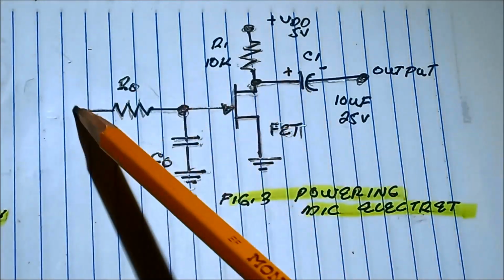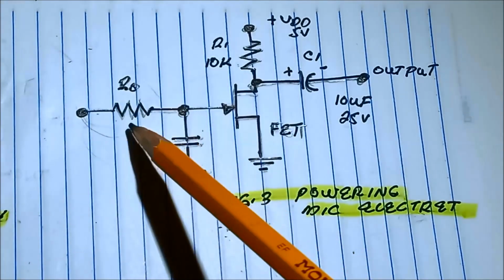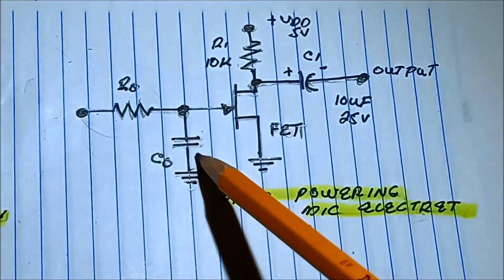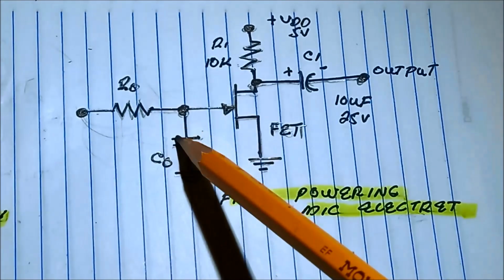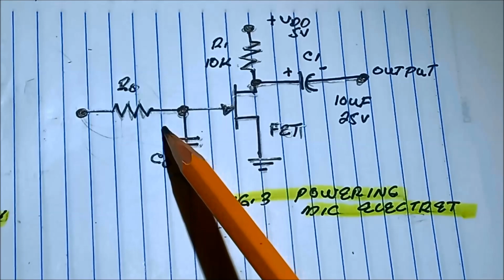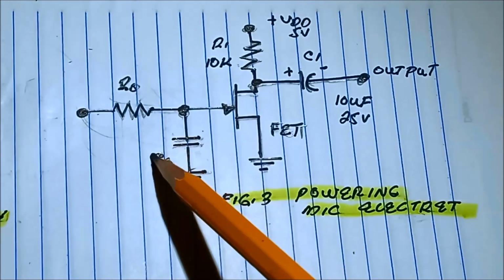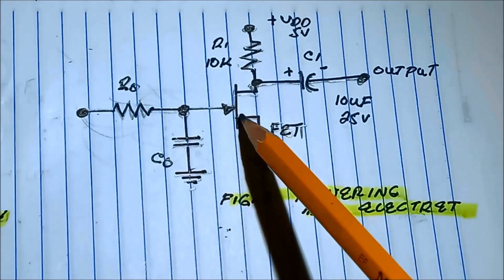This is the equivalent circuit of the diaphragm and the plates, with resistance and capacitance, just like a high pass filter into the input of the field effect transistor.